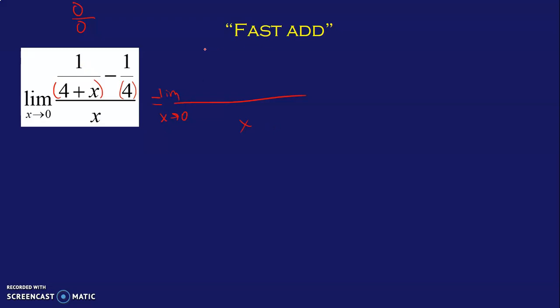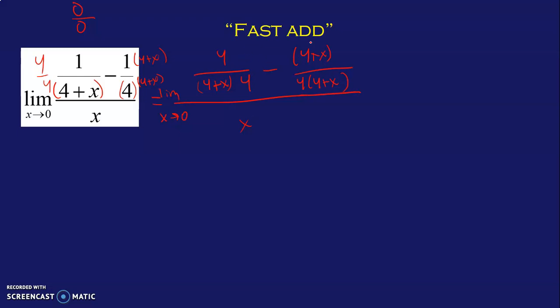On the top, I'm going to have 4 plus x, and I'm going to multiply the top and the bottom here by 4. Minus, and on the second one, it's already got the 4, so I'm going to multiply by 4 plus x. So minus, parentheses, 4 plus x over 4 times 4 plus x.